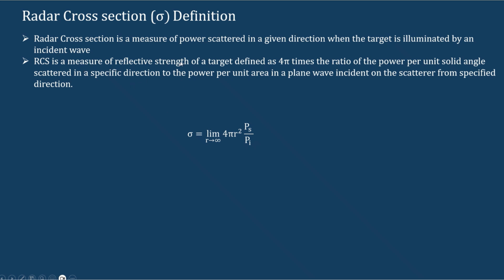RCS is a measure of the reflective strength of the target, defined as 4 pi times the ratio of power per unit solid angle scattered in a specific direction to the power per unit area in a plane wave incident on the scatterer from a specified direction.